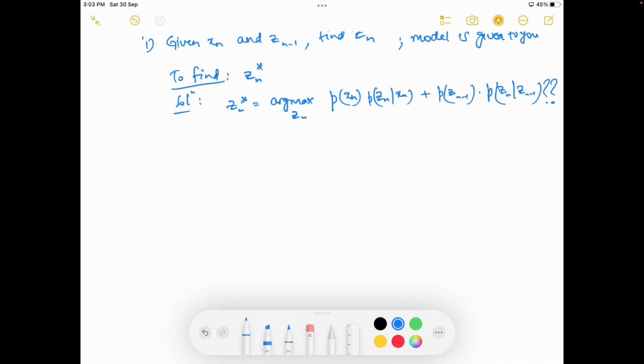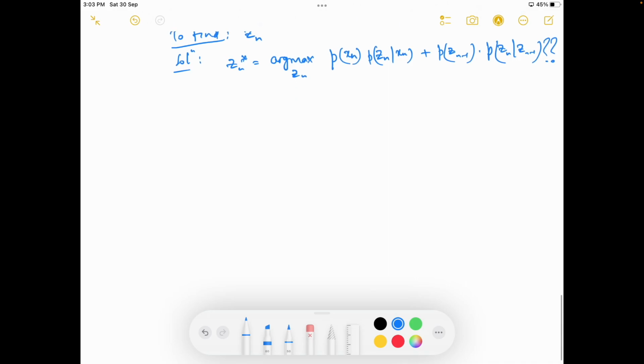You calculate that probability with Bayes rule. I'll apply Bayes rule later, but first tell me the quantity you want to estimate. You're saying Zn star is equal to argmax of probability Zn given xn, zn minus 1. This is the one you want to find.